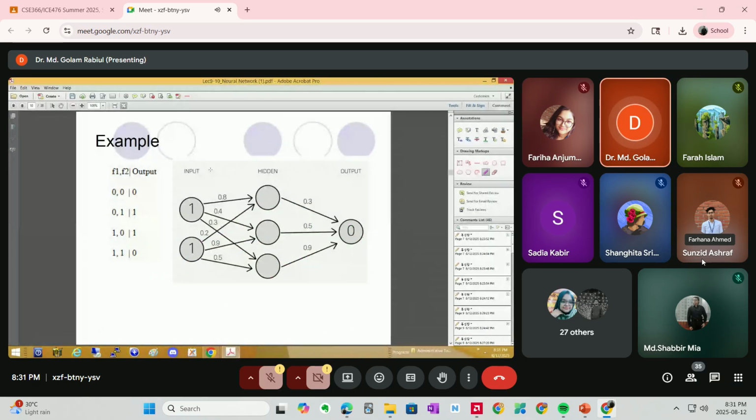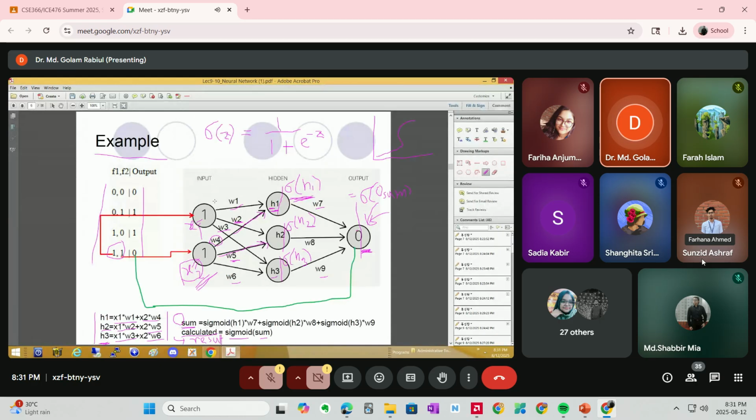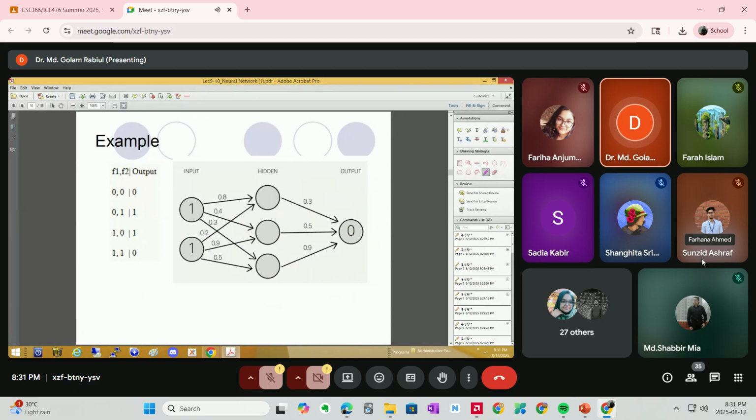Initially what we have done is assign the weights, W1, W2 up to W9, random values within 0 to 1. We have just assigned some random values.